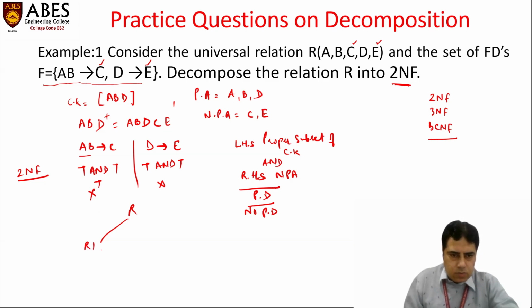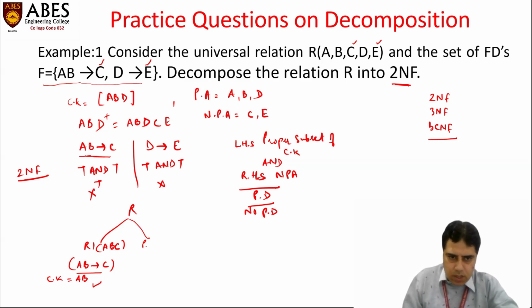In R1, the attributes are A, B, C. We take the first functional dependency, AB determines C. Now we have to check whether there is any other functional dependency that starts from A, B, or C. There is no other functional dependency that starts from A, B, or C. So this is one decomposed table, R1, with attributes A, B, and C. Now for this table, the candidate key is AB, so no partial dependency exists. So this decomposed table is in 2NF.